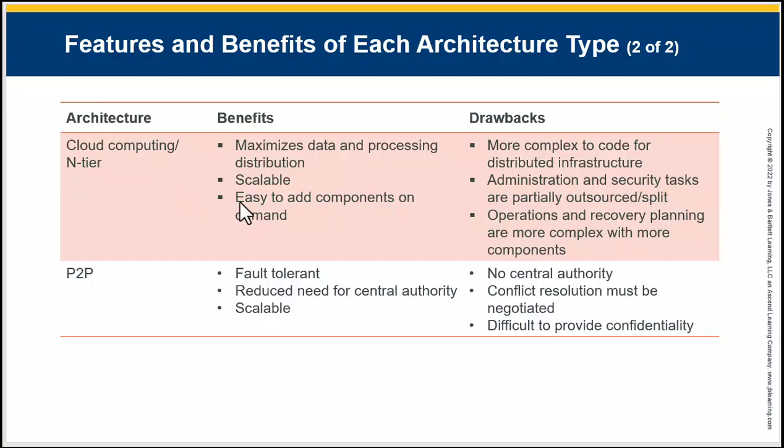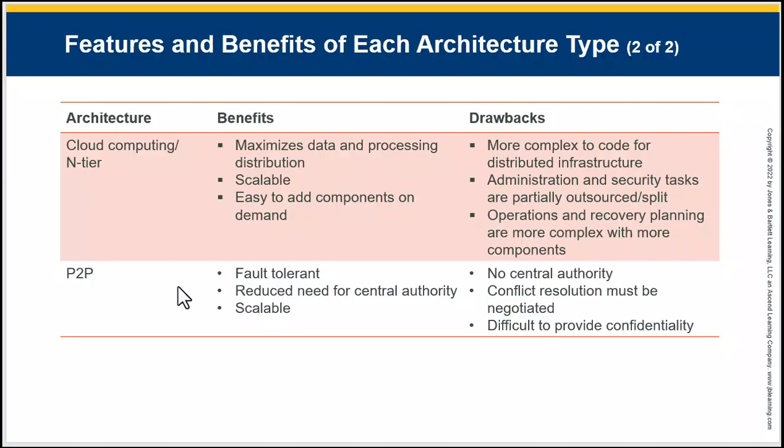Now, P2P computing, peer-to-peer. Peer-to-peer doesn't have any kind of central server involved at all. This is file sharing programs primarily, where I can have files on my computer and you can have files on your computer, and we trust each other, and so we share our data back and forth.